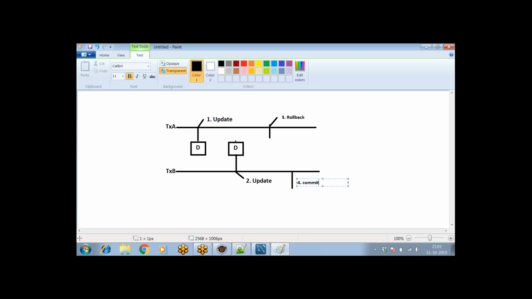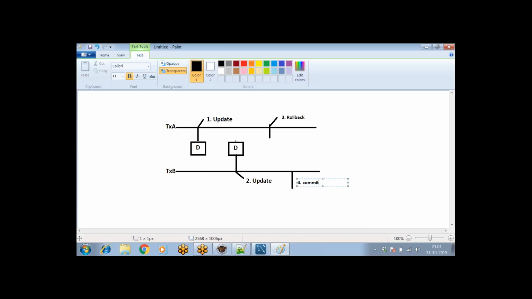Then transaction A rolls back. When it rolls back, the changes done by these two transactions, A's changes and B's changes, will be reverted and undone.